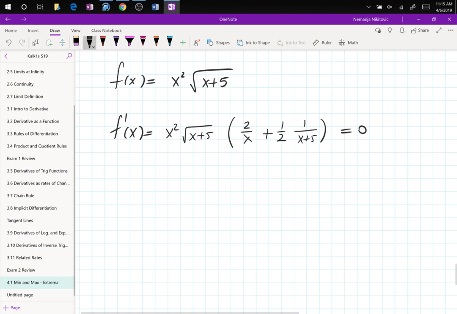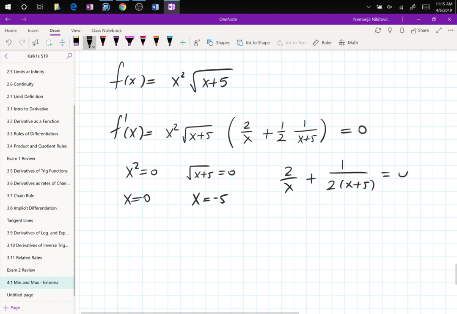You set this equal to 0. Now, obviously, the perks of this are you already have everything in factored form, so x squared equals 0. That gives you x equals 0. Then you have root x plus 5 equal to 0. X is negative 5. And then you have this mess of 2 over x plus 1 over 2 times x plus 5 equal to 0.